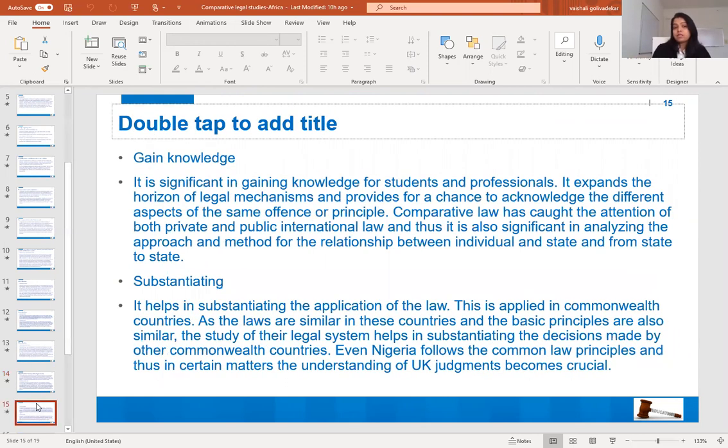Or for example, if a new problem comes which is not a common thing, then you can take a law from a foreign country, like what is done in the US, let us do it, or what is done in France, this law sounds good regarding euthanasia, so let us follow it, or let us compare both the laws and see which one is better. You can do that. So the next part is gain knowledge.